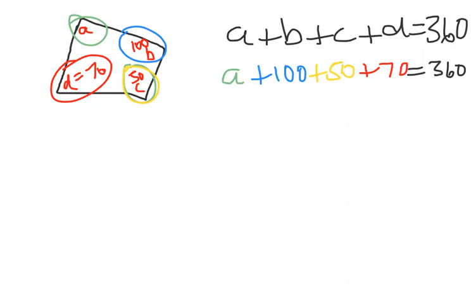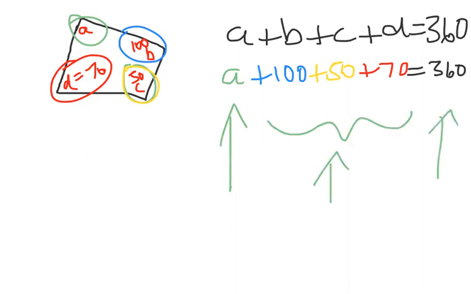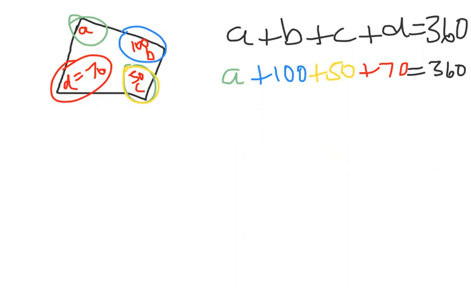So now you have this one unknown variable A, you have a couple of numbers, and then you have the 360. So what I'm going to do now, I can't do with the previous one and minus 100 and minus 50 and it's too much at this stage.